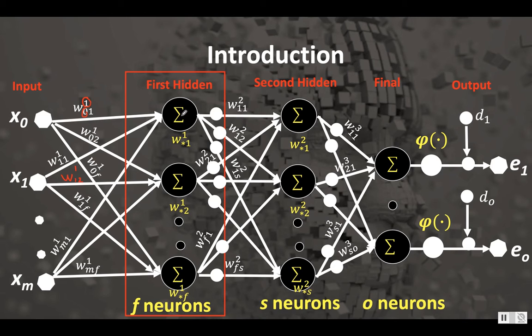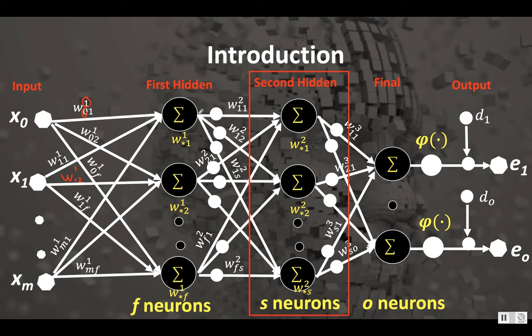That means the output of this neuron is equal to x0 multiplied by w101, plus x1 multiplied by w111, and so on until xm multiplied by w1m1. So this is the summation here, and this is the output here. Similar for the other neurons. Okay, this is for the first hidden layer.